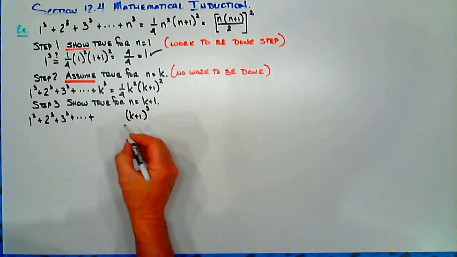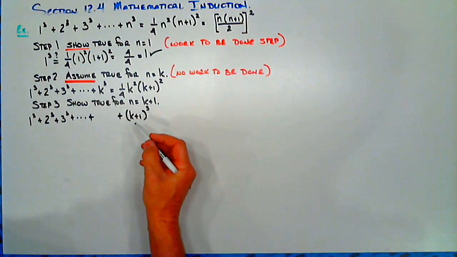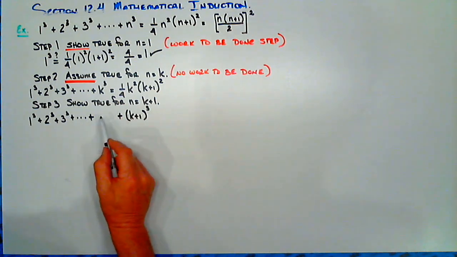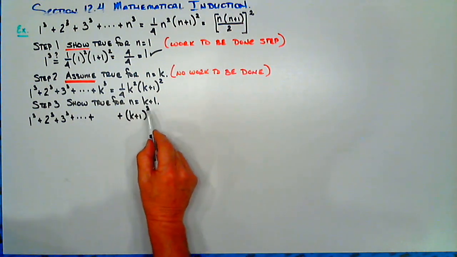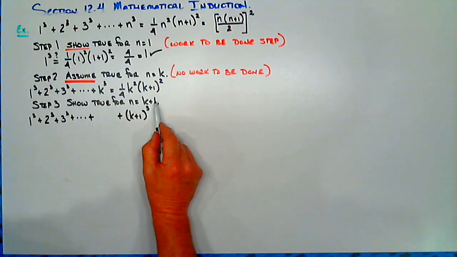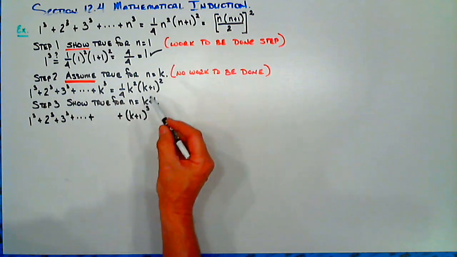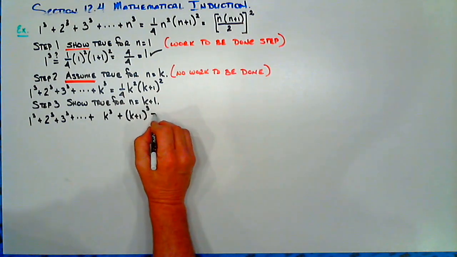But remember, on the third step, we write down k plus 1, but we want to write down the term that comes before that one, don't we? What term comes before k plus 1? Yeah, the one before that, k. So this is going to be k cubed here. Now what is this supposed to equal?